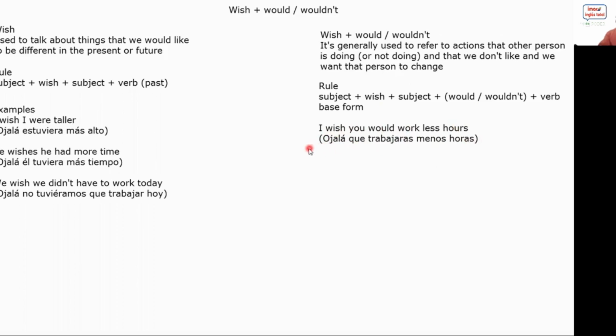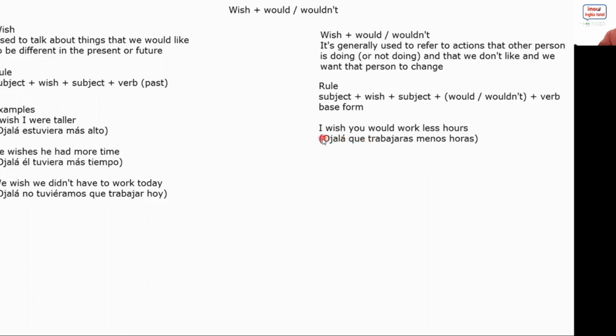El hecho de utilizar el auxiliar would me hace asumir que esta acción es algo que está sucediendo o no sucediendo, que no me gusta y que quiero que esto cambie.